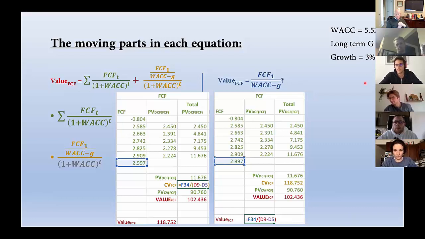I mean, 3% would be okay to say that the long-term growth would be 3%, but as an investor, I would expect a higher growth for the next 2-3 years. So let's say 10%, but if we say 10%, then the long-term growth, if we want them to be equal, then 10% in the long-term growth is probably irrelevant and not really true.